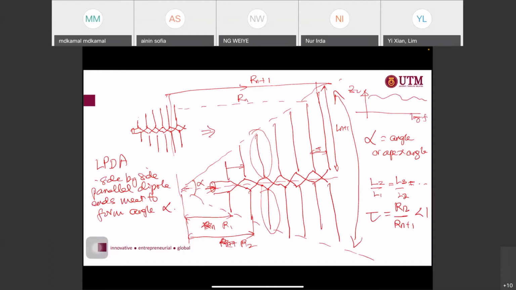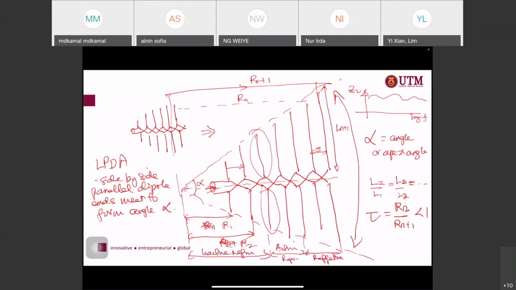In terms of the log period as well, we can see that we have 3 regions here. For example, this is the inactive region, this one maybe is the active region, and this one is the reflective region.